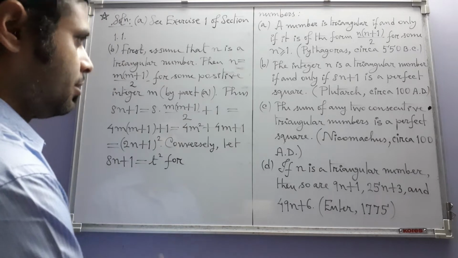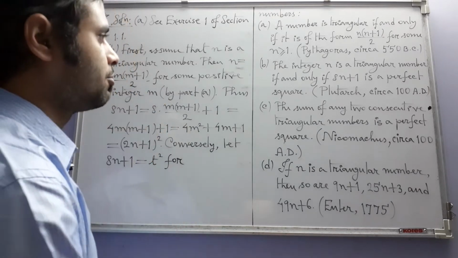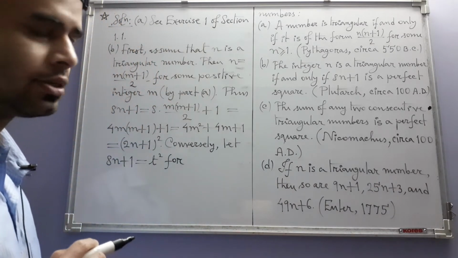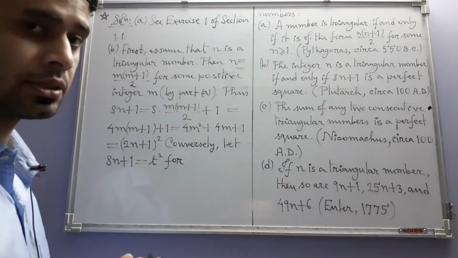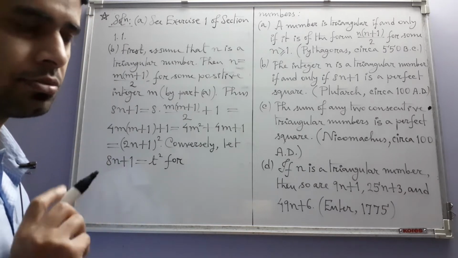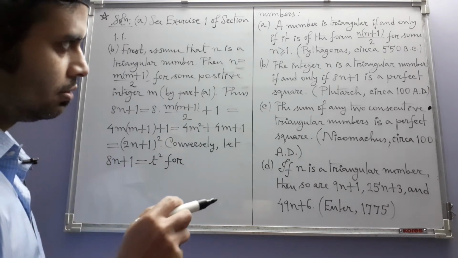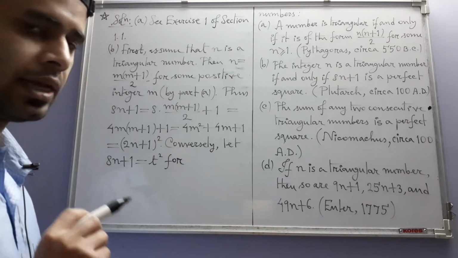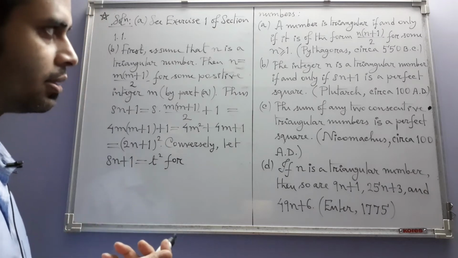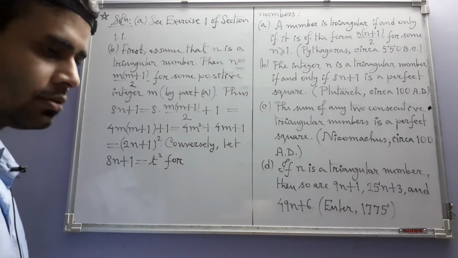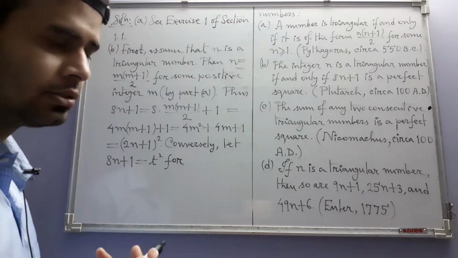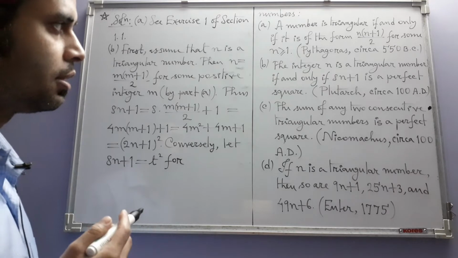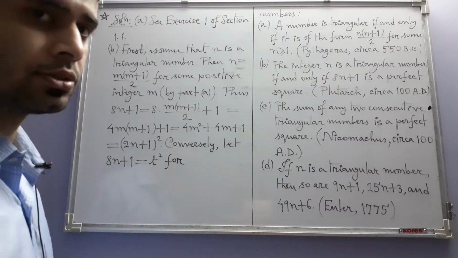Oh no, I mean okay, there is no problem. I was thinking about the case n equal to 0. In that case also 8n plus 1 is a perfect square, because in that case 8n plus 1 is 1, which is 1 square. But we are considering n to be a positive integer first, that is given, and then we are making the statement that such a positive integer n is a triangular number if and only if 8n plus 1 is a perfect square. So there is no question of having n equal to 0.